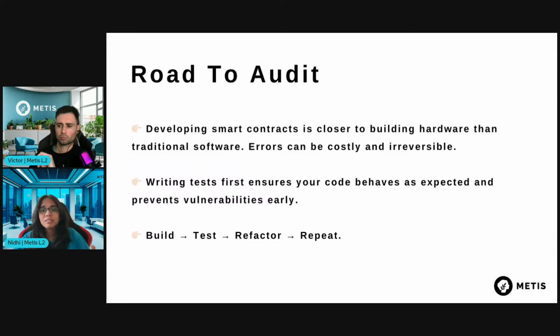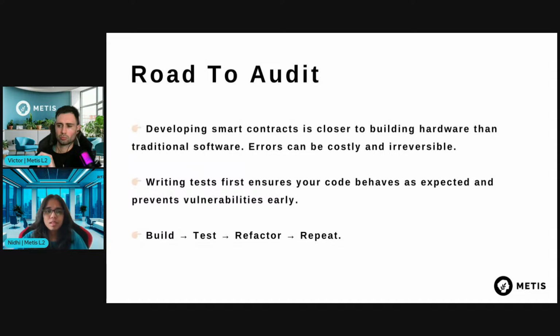Because just like hardware, once it is out there, it is incredibly hard, often impossible, to fix mistakes. Errors in smart contracts can be costly, both financially and in terms of user trust. So we really want to get it right the first time. We cannot take a risk with this one.